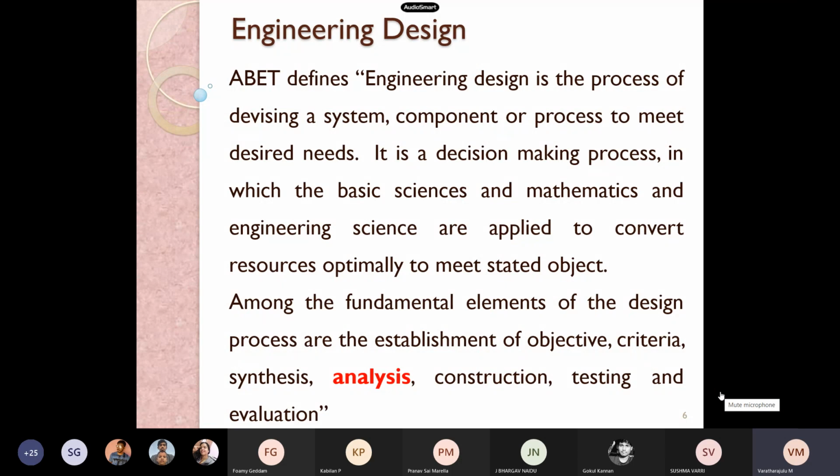From energy and environmental, please, what is the need to do engineering? Anyone? For making life more comfortable. For making life more comfortable. Okay, good. Any other vision?